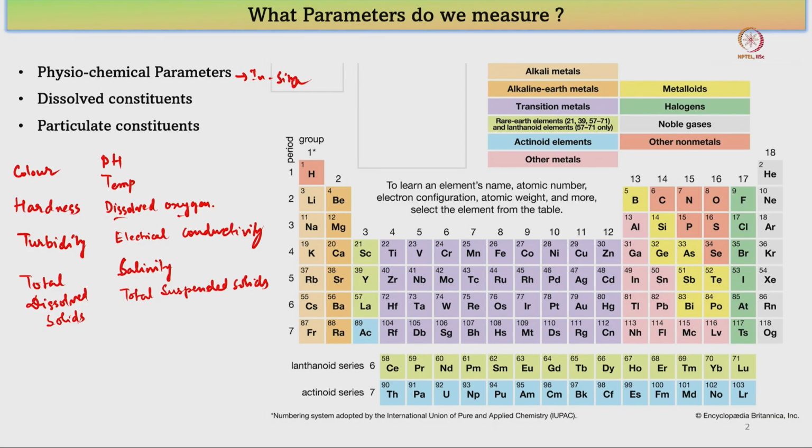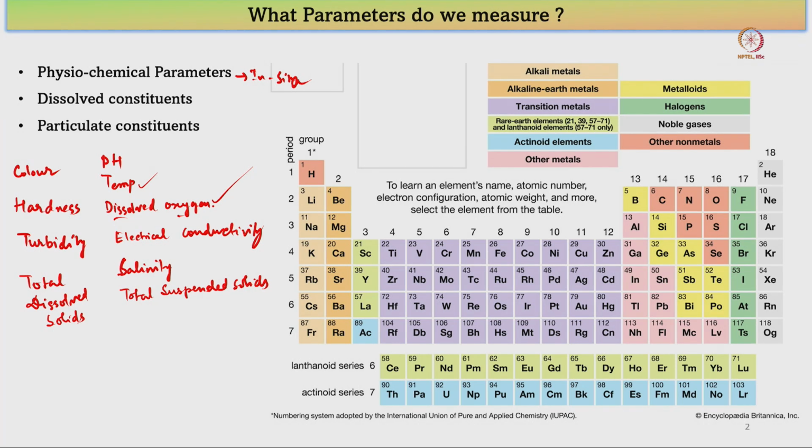Only when you do not have any other way will you take the sample back to the lab and then measure. When you take the sample back to the lab, your temperature can change, your DO can change. These parameters can easily change.